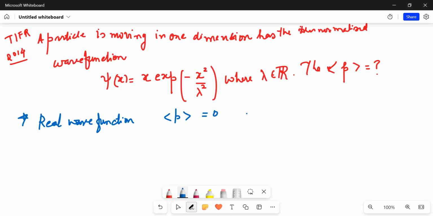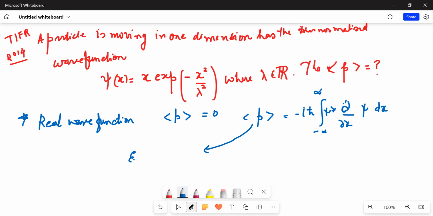I'm not writing a complete proof, but just understand what the expectation value of P is. Expectation value of P would be minus i h-bar, integral from minus infinity to plus infinity, psi star, and then del by del x of psi dx. Understand that expectation value is after all an average value, and therefore the expectation value must belong to the real numbers. It should be a real entity.